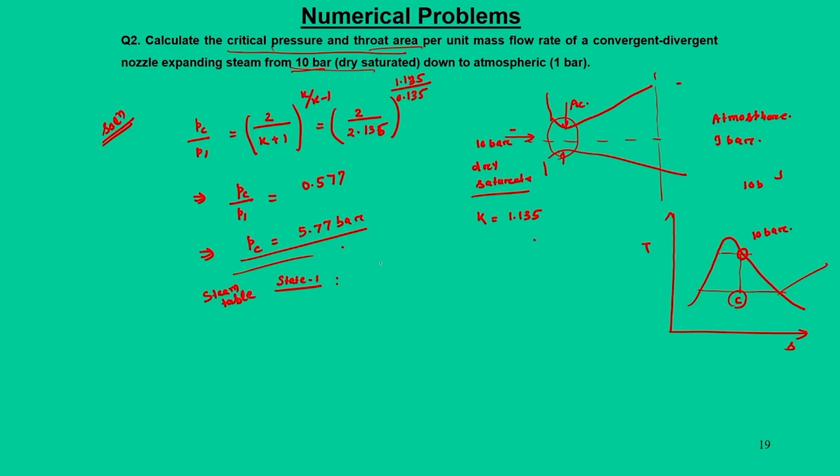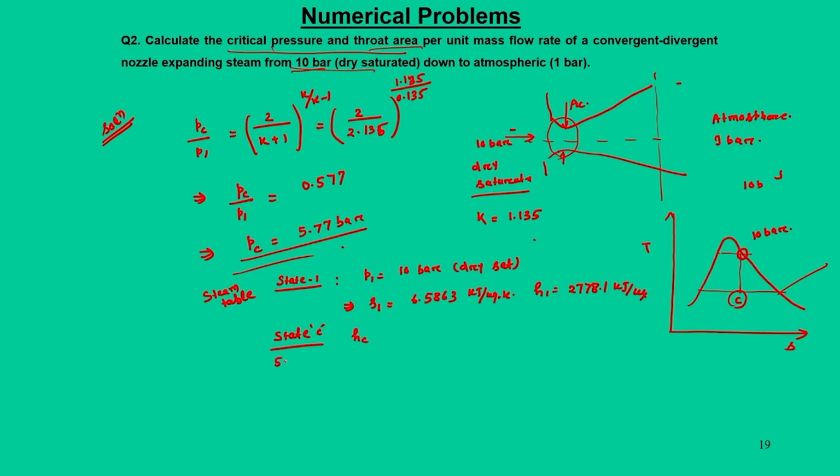State 1 we say P1 10 bar dry saturated, which means we can find out its entropy S1 as 6.5863 kilojoule per kg Kelvin, then H1 as 2778.1 kilojoule per kg, and state 2, the critical condition or state C, we can find out Hc.